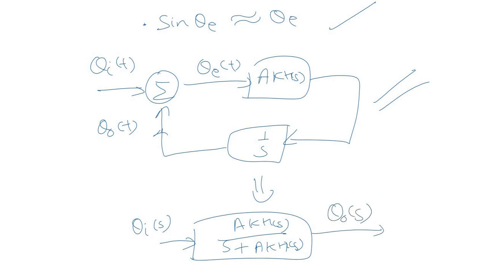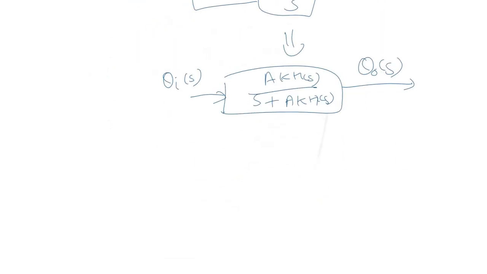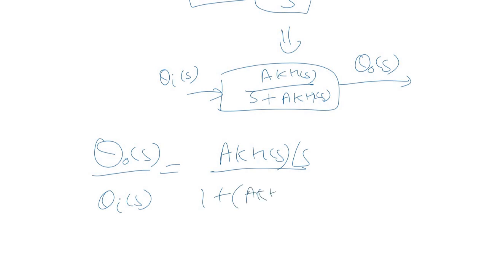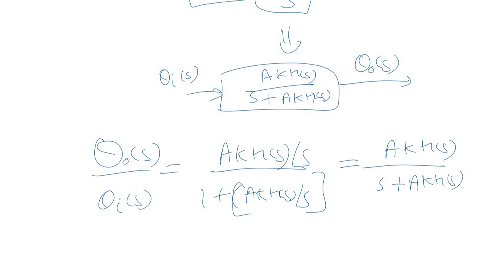Let us analyze this mathematically as well. So now this output theta naught s divided by theta I s will be equal to A K h s by s over 1 plus A K h s by s, and it will be equal to A K h s by s plus A K h s, the same, right?